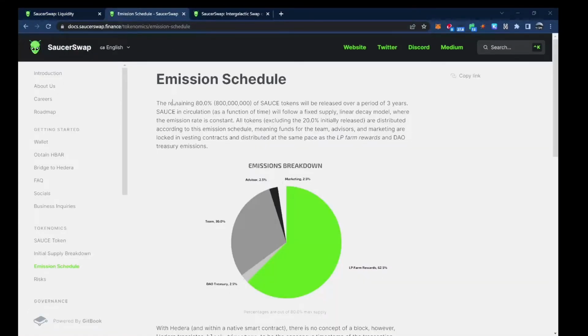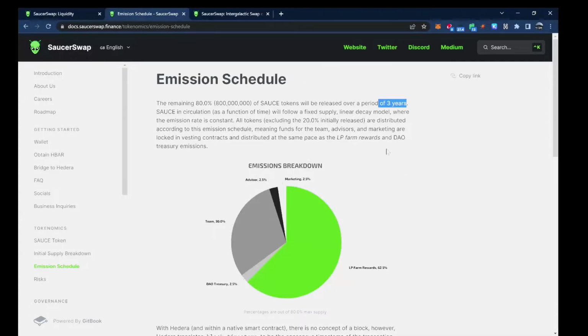Basically, when SAUCE was launched, there was around 200 million in circulation, leaving the 800 million SAUCE tokens to be emitted over a period of 3 years.